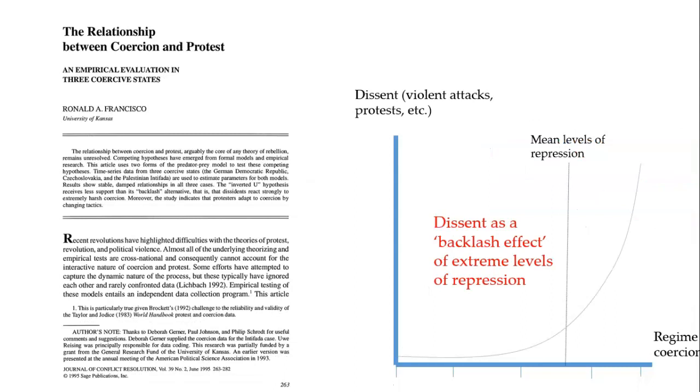Other authors say no. What really happens is that there is a polynomial kind of relationship between dissent and regime coercion. And this is the hypothesis called the backlash effect.